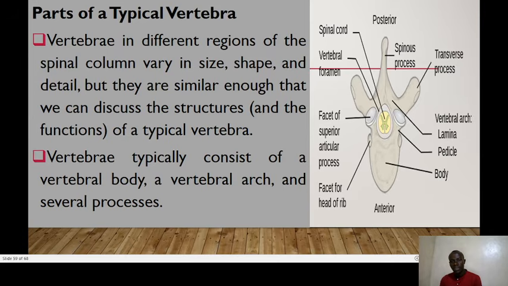So you can appreciate the vertebral foramen, then we have the spinous process, the transverse process, the lamina, the pedicle, then the body. Okay, this is the anterior, this is the posterior side. Then you have the facet for the head of the rib to attach.